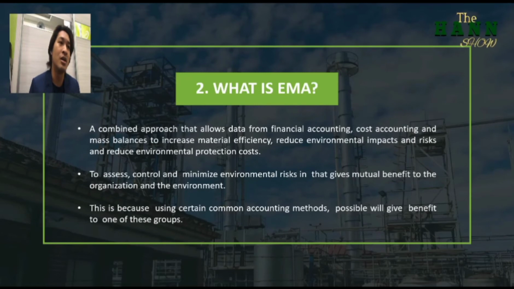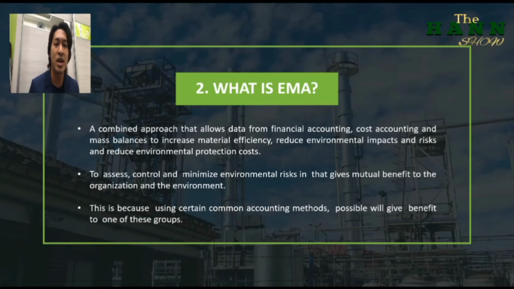Environmental management accounting is a combined approach that allows data from financial accounting, cost accounting, and mass balance to increase material efficiency, reduce environmental impacts and risk, and reduce environmental protection costs.